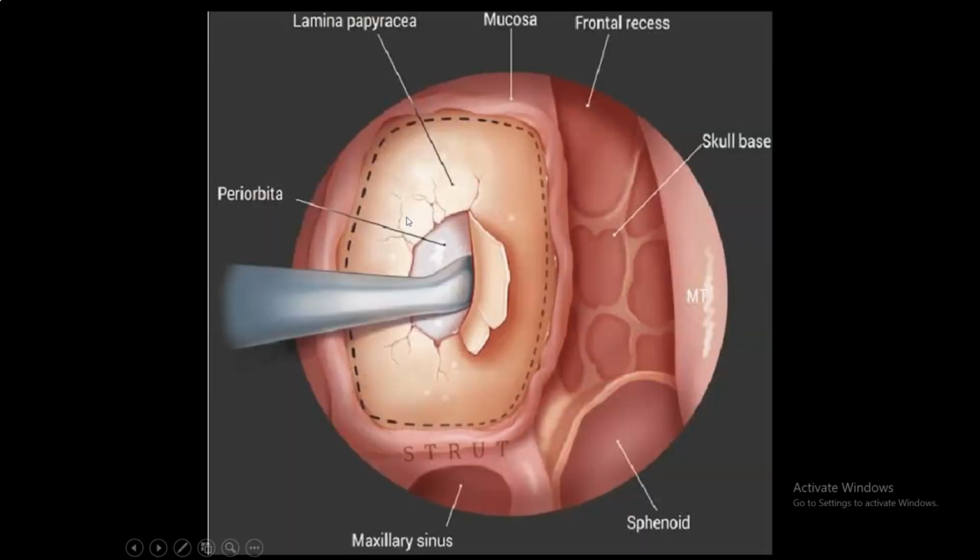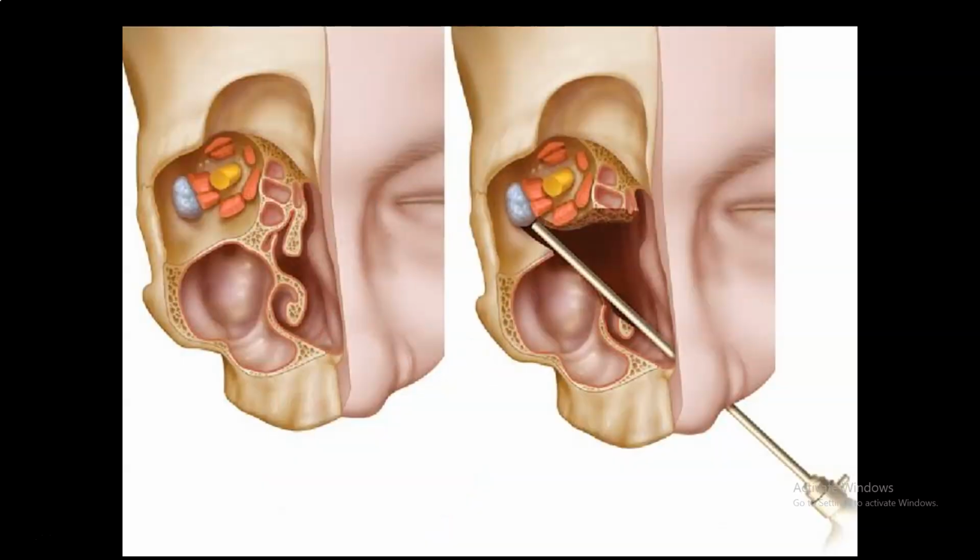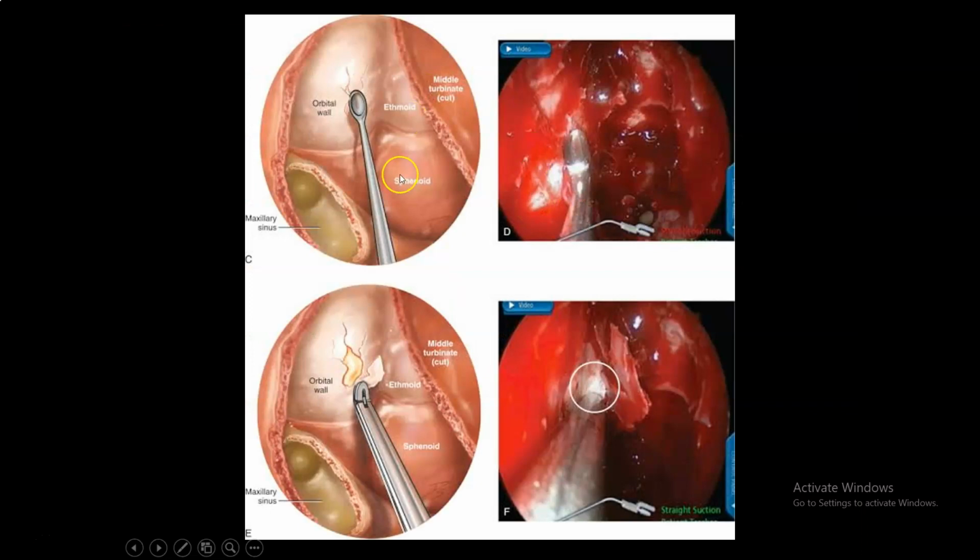So you can do the endoscopy for the floor, reach the floor of the orbit, you can reach the orbital apex, and you can reach, of course, the medial wall. If there is a lesion in the sinuses extending to the orbit, you can reach the orbit from the medial wall. Lamina papyracea, ethmoid sinus, which is the lateral boundary of the ethmoid or medial boundary of the orbit, and you remove this orbital wall and you find the periorbita.